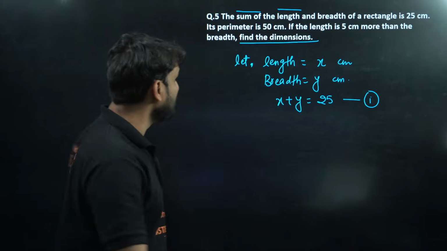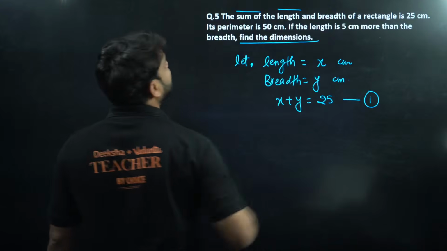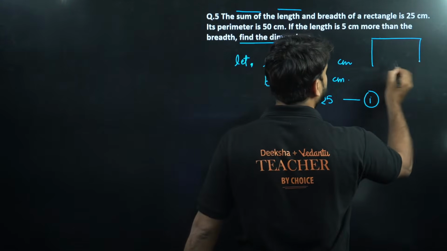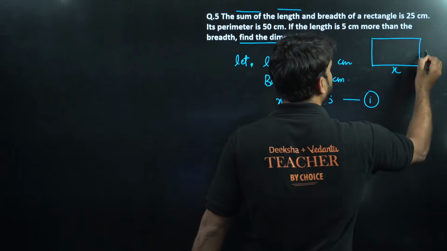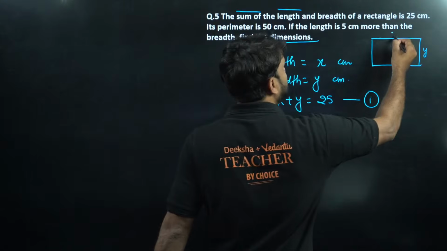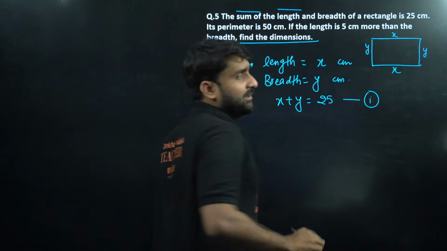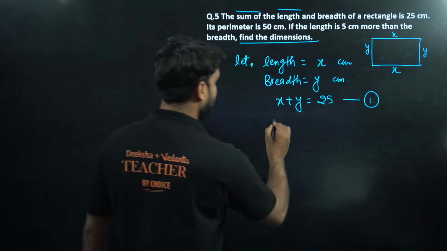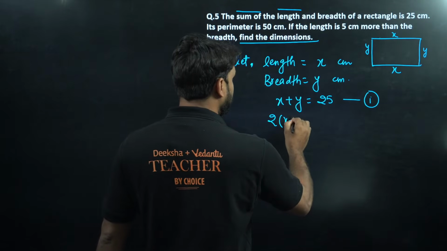Now its perimeter is 50 centimeter. If I talk about one rectangle, the length is x and the breadth is y. So do you know what is called perimeter? This will be also x and this will be y, and the perimeter is the sum of all the boundaries. So we have the formula of perimeter: 2 into length plus breadth.